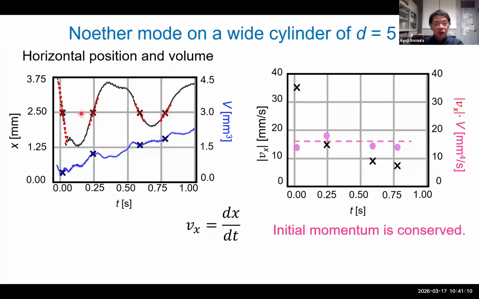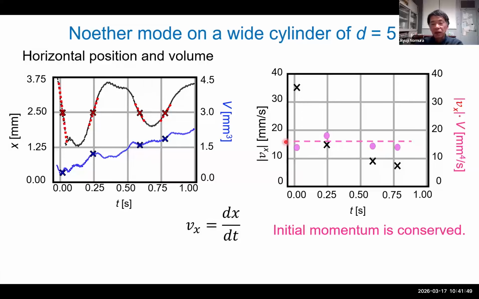So let me show you some analysis. This is a horizontal position of the droplet as a function of time, and it oscillates in this way. And I measure the volume of the droplet at the center. From the slope of this oscillation, we can estimate the horizontal velocity of the droplet. The horizontal velocity Vx decreases like this during the oscillation as a function of time. But when we multiply by the volume of the droplet, it keeps a nearly constant value.